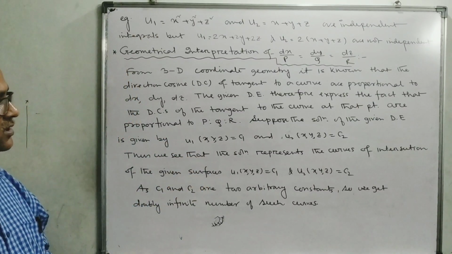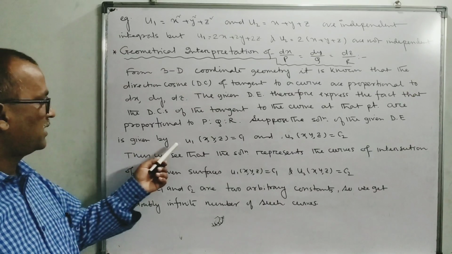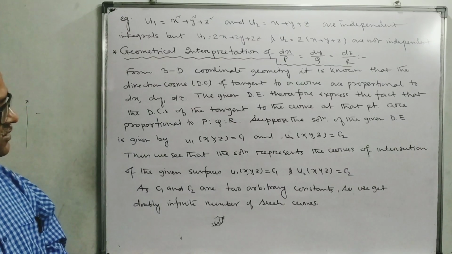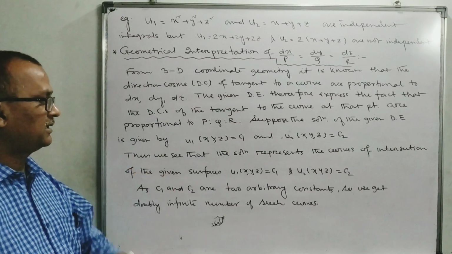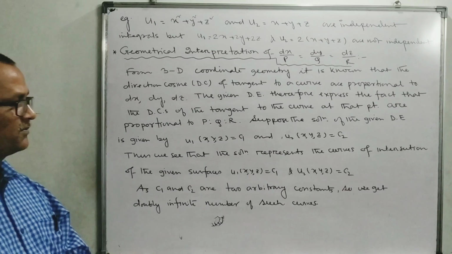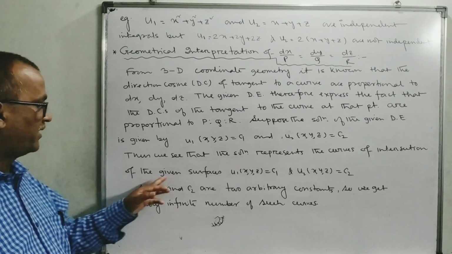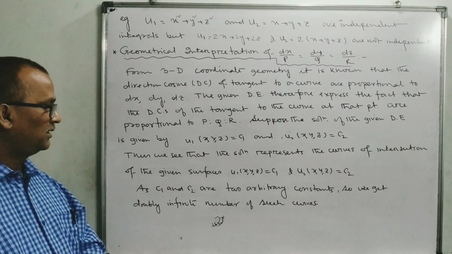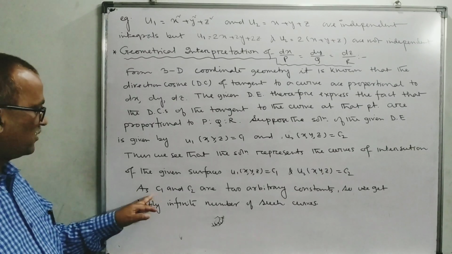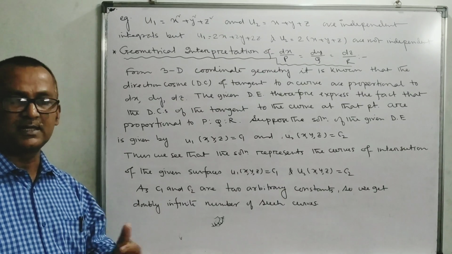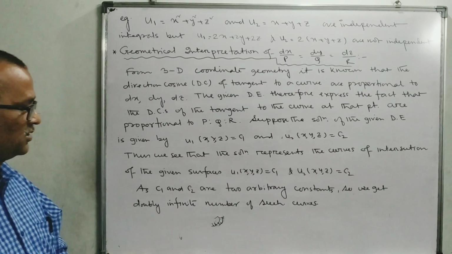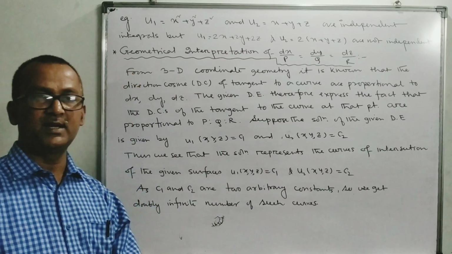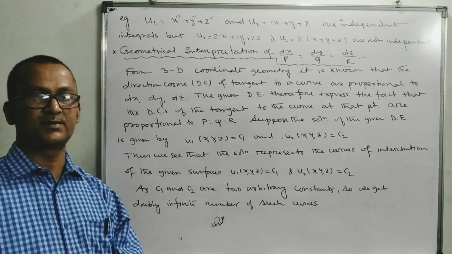Suppose the solution of the given differential equation is given by u1(x, y, z) equal to c1 and u2(x, y, z) equal to c2. Thus we see that the solution represents the curves of intersection of the given surfaces u1 equal to c1 and u2 equal to c2. As c1, c2 are arbitrary constants, they have different values in different situations. So we get a doubly infinite number of such curves, meaning an infinite number of pairs of curves.